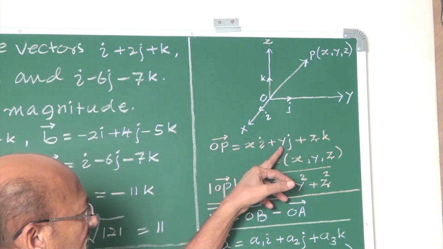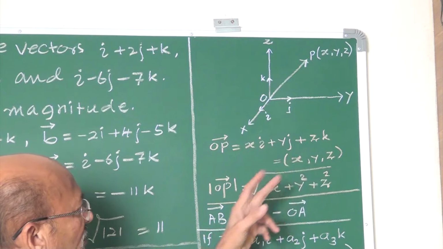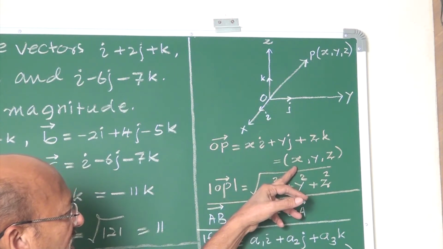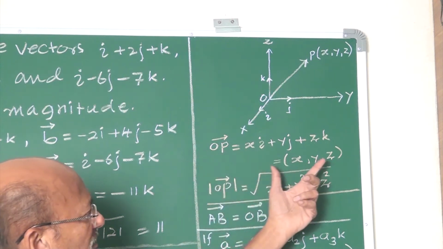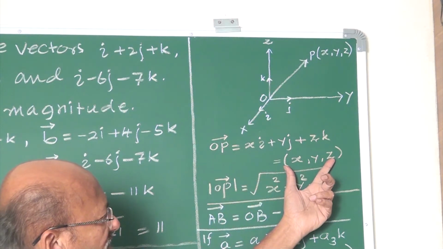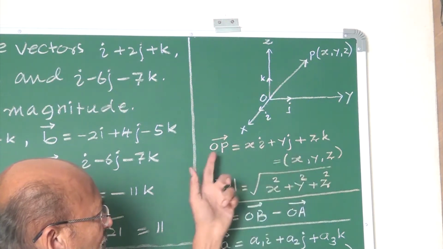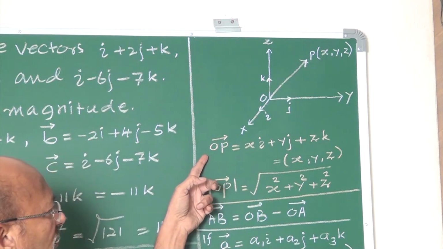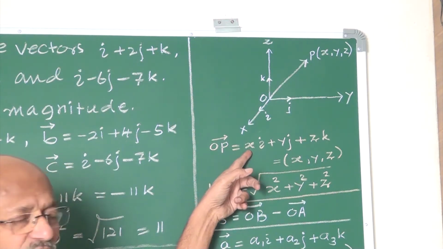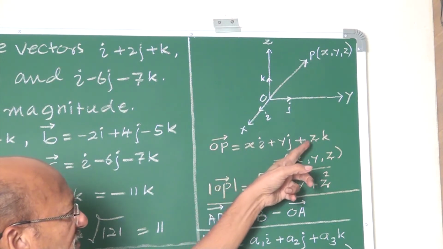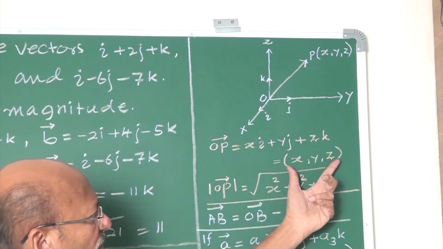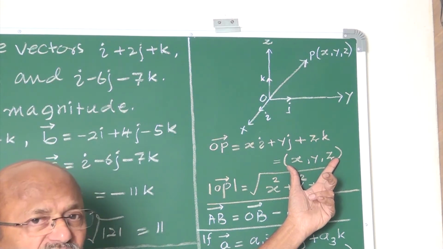Similarly, plus yJ plus zK. Therefore, we defined the position vector of a point P as the point x, y, z. The position vector of the point P can be expressed in terms of unit vectors I, J, K: xI plus yJ plus zK, or in the form of the point x, y, z.